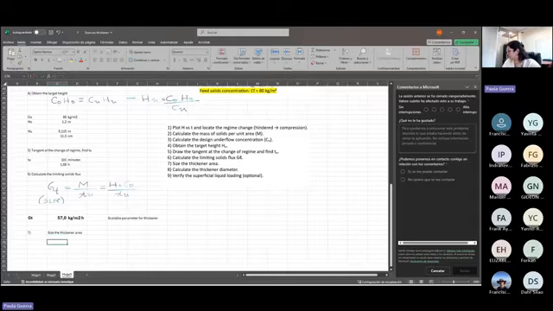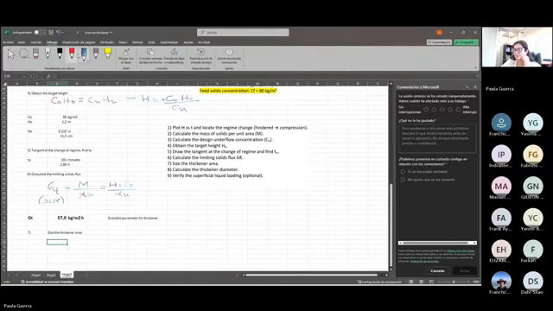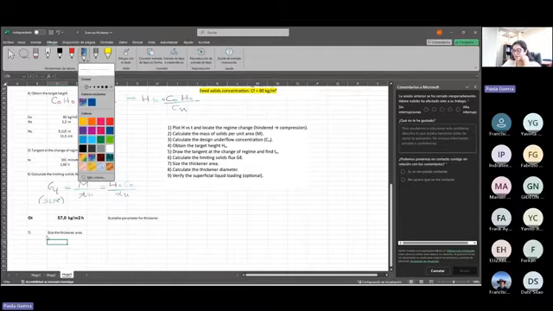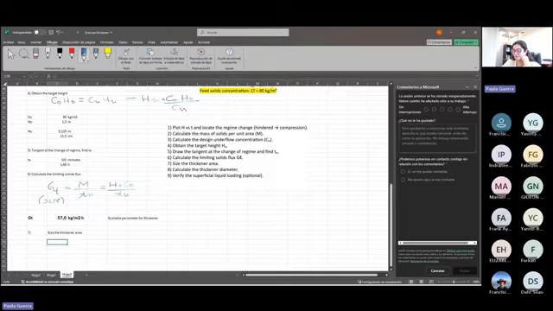Our thickener area is going to be calculated as, now I'm going to do this properly.